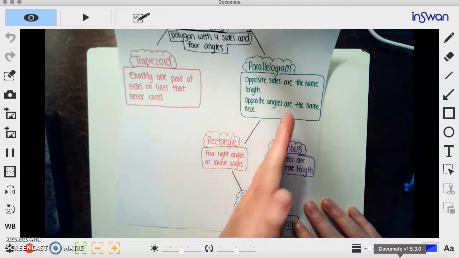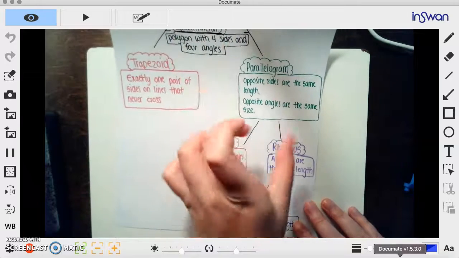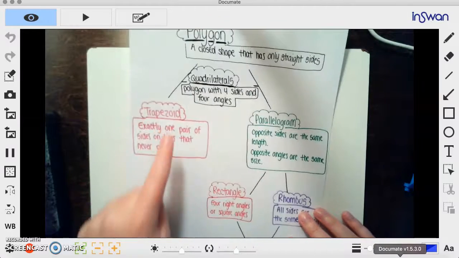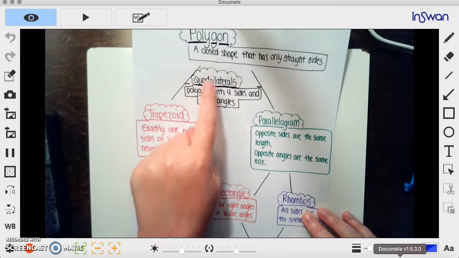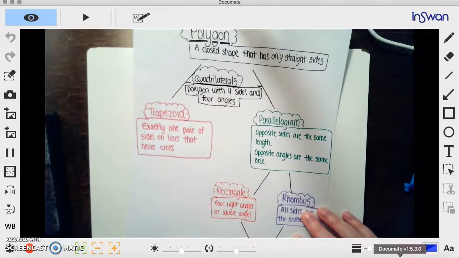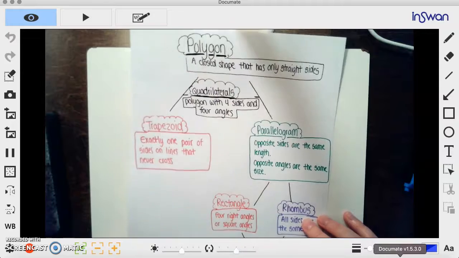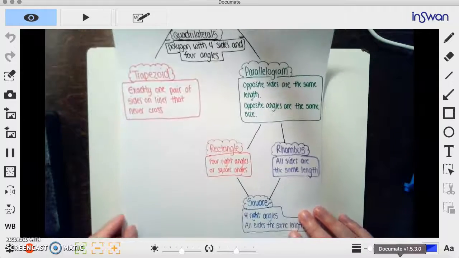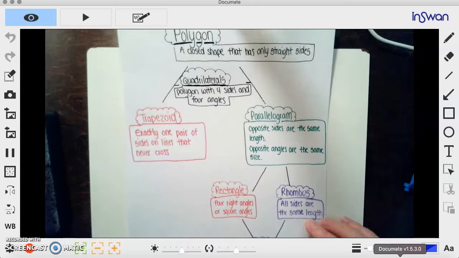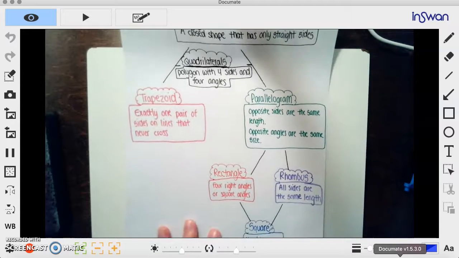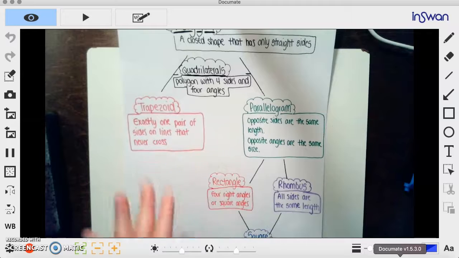So you have to work your way up to find what they all are. So every trapezoid is a quadrilateral and a polygon. All right, so there is a picture of this for you to refer back to and help you. This is the exact same information that we worked on yesterday to help us describe different quadrilaterals. It's just in a format that can help you know what is what.